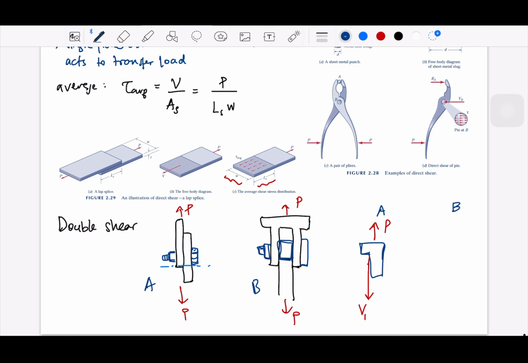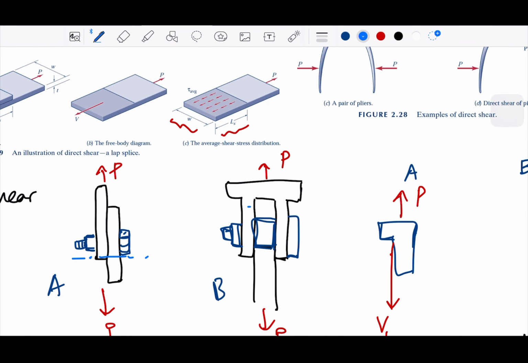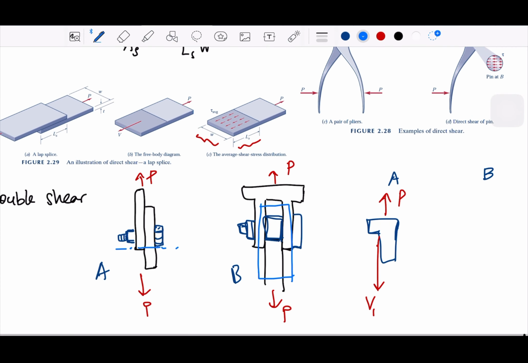But for B, if we cut these pieces and only look at the middle part, remember that we have something here, right?